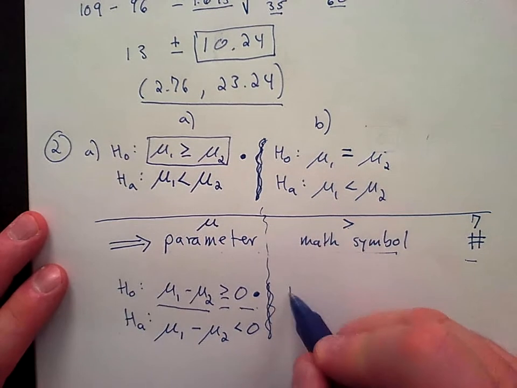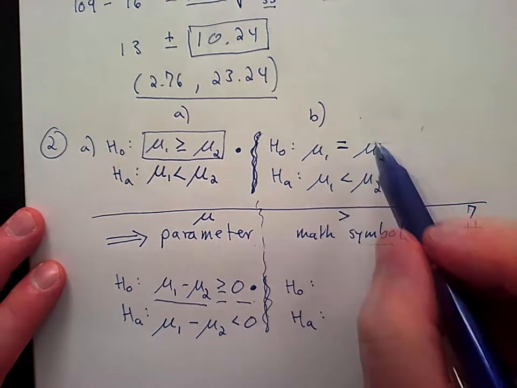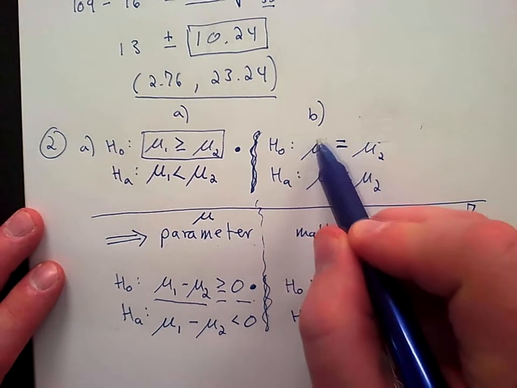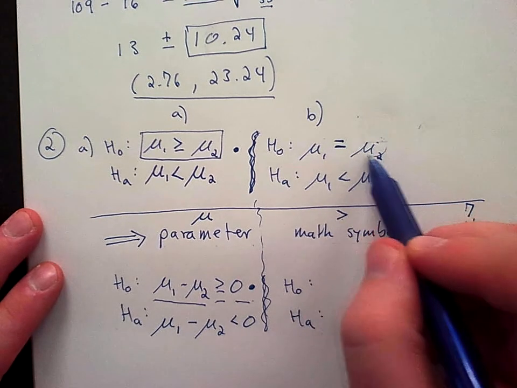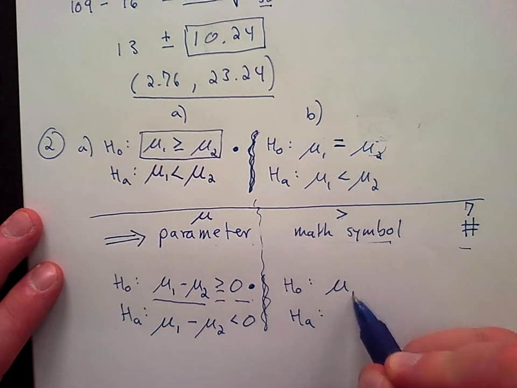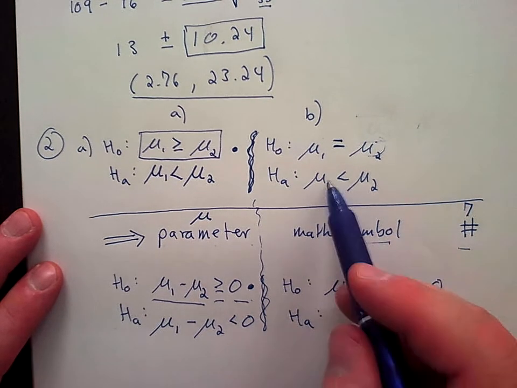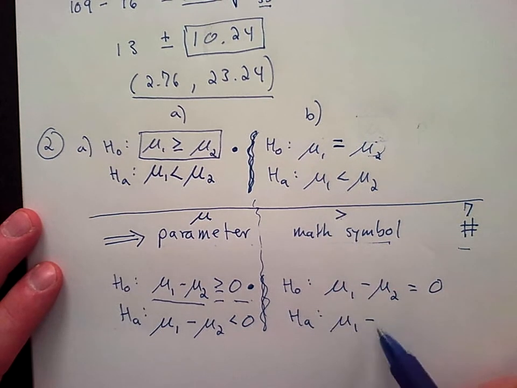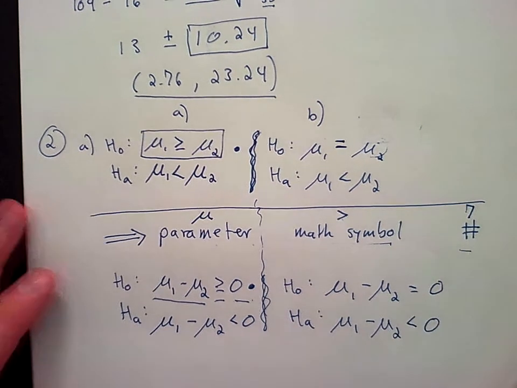So again, if we want to do the same thing over here, since both of these are completely okay answers to have, if we want to again have it as parameter, math symbol, and then a number, we can just subtract mu2 from both sides, and we're going to get that mu1 minus mu2 is equal to 0. Or here we're going to have mu1 minus mu2 is strictly less than 0.